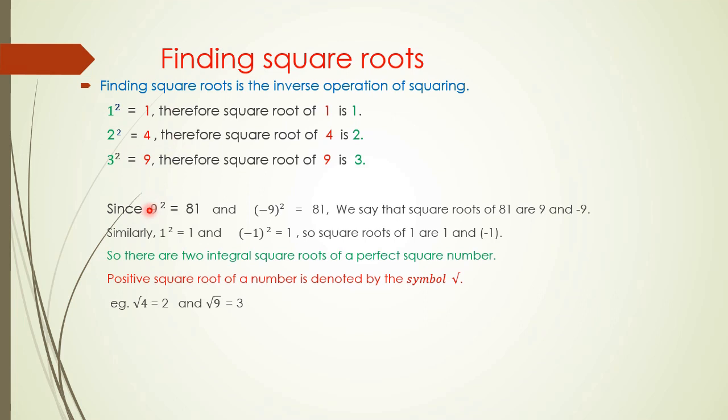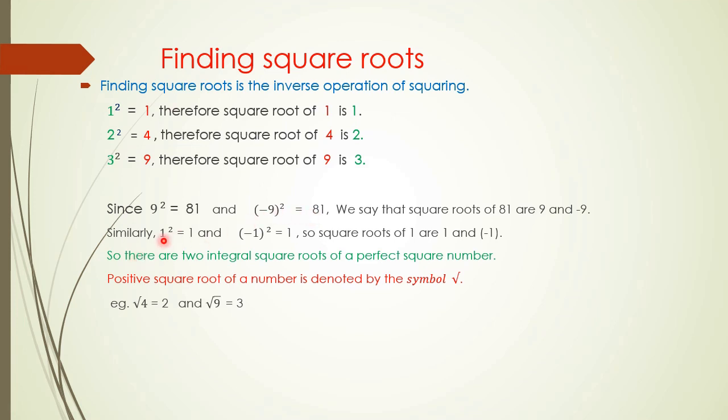Now here 9 square is equal to 81, and you know minus 9 square is also equal to 81. So from these two equations what can we say? 9 and minus 9 are the square roots of 81, right? As written here, we can say 9 and minus 9 are the square roots of 81.